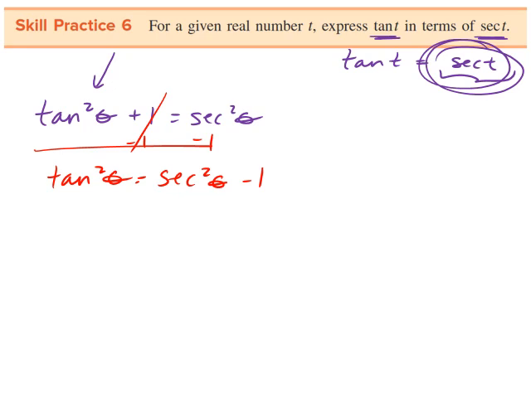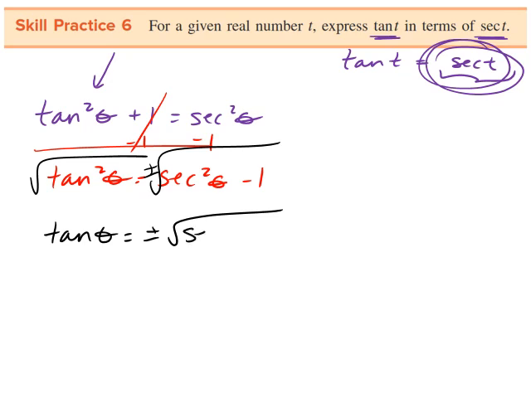Now I can take the square root of both sides, not forgetting the plus or minus, and tangent of theta is equal to plus or minus the square root of secant squared theta minus 1. Here I am done because I have tangent equal to something with secant in it. That's it.